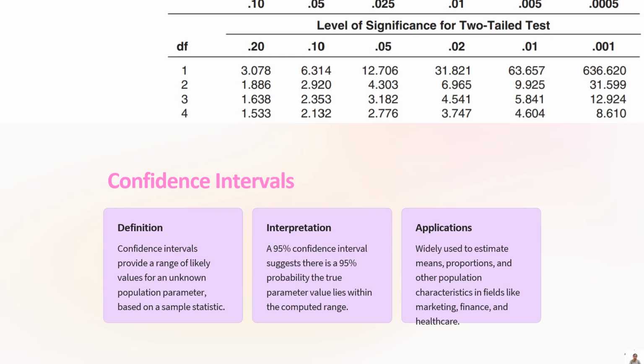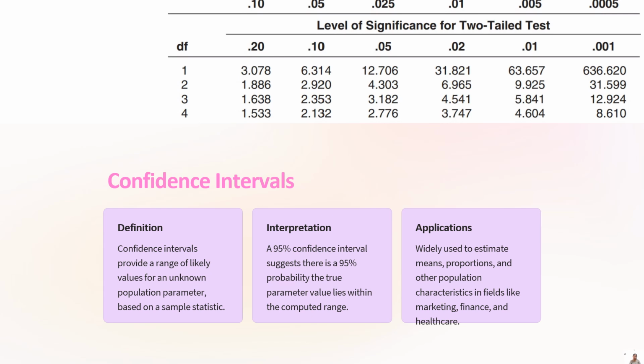Confidence intervals. Definition of confidence intervals: they provide a range of likely values of an unknown population parameter based on a sample statistic. Interpretation: a 95% confidence interval suggests that there is a 95% probability the true parameter value lies within the computed range.